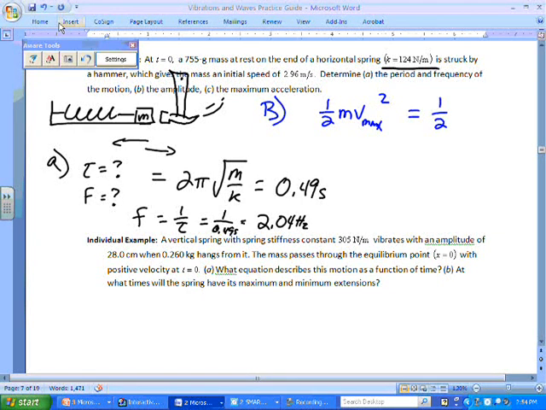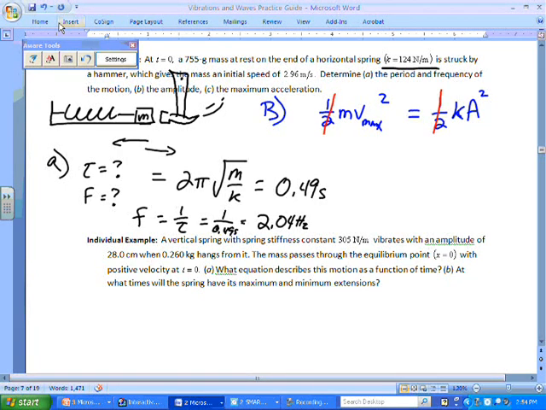So then it will be 1/2 kA squared, with amplitude substituted for the x maximum. Then algebraically we can solve for A. First of all, the 1/2s go away, and then we can divide both sides by k.